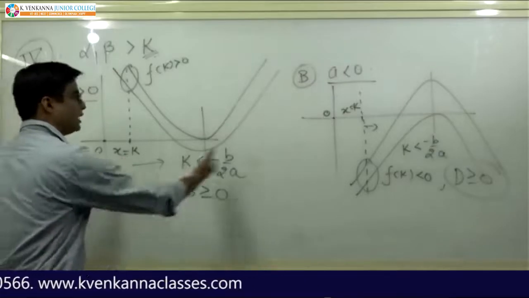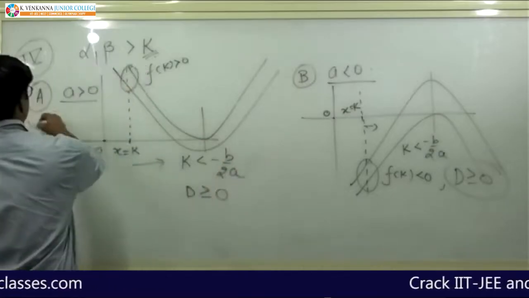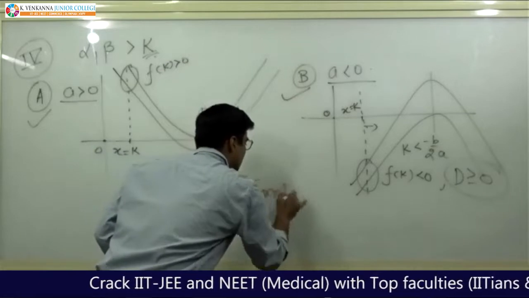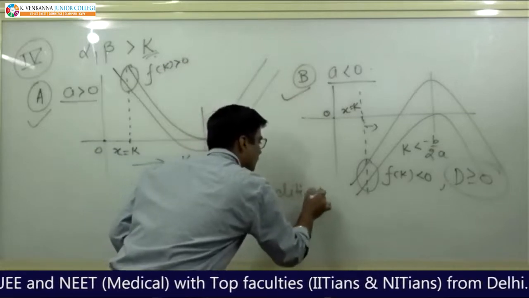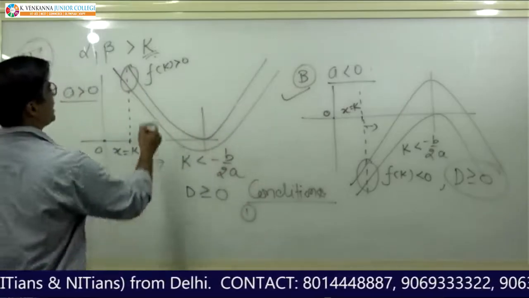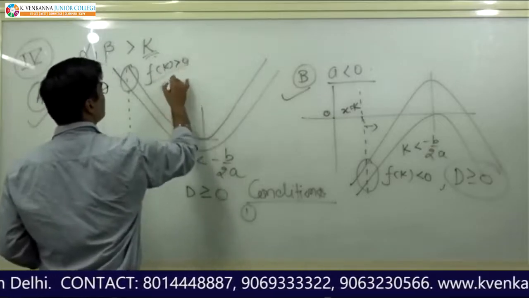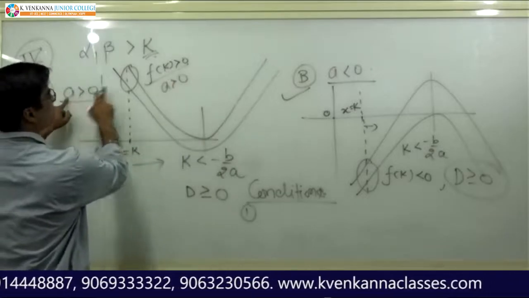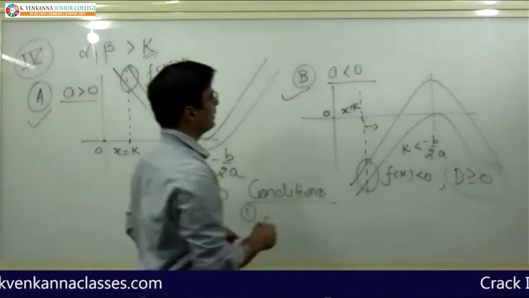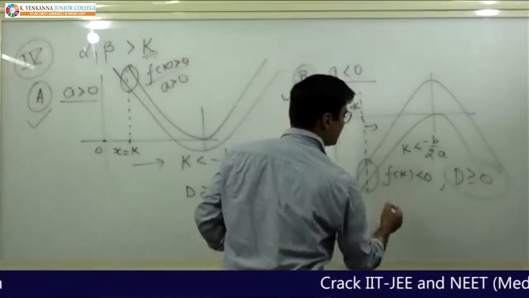So if we combine case number A and case number B, then we will get the condition. First condition: f of k is positive when a is positive. If a is positive, then f of k is positive. That means both are of the same sign. If a is negative, then f of k is also negative.